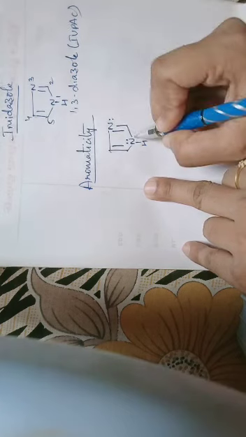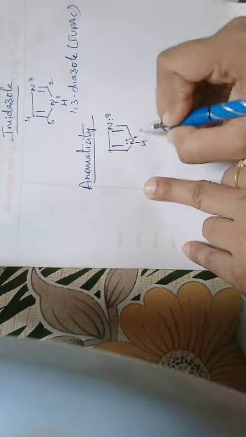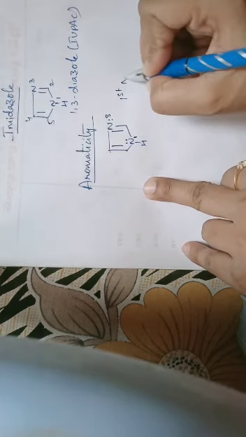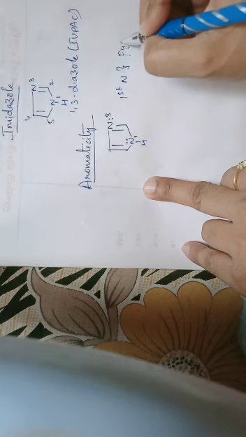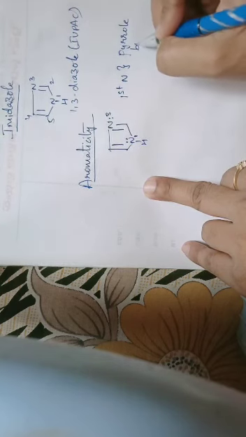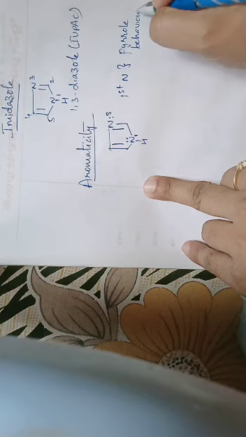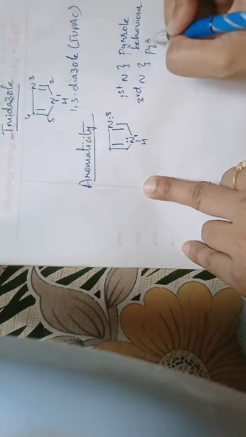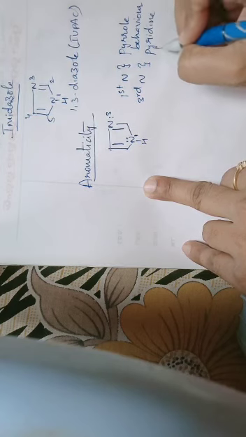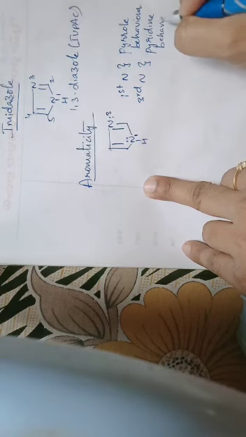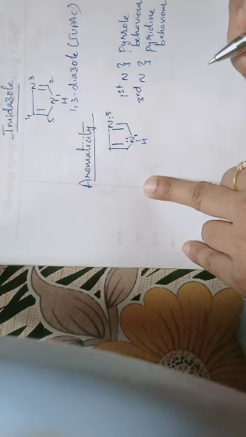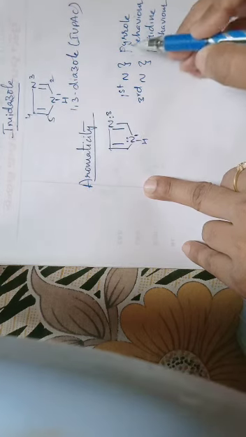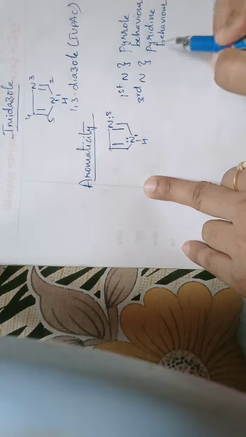This first nitrogen and third nitrogen, right? The first nitrogen has pyrrole behavior, and the third nitrogen has pyridine behavior. Already I have told you. In the case of pyrazole, same, the first nitrogen has pyrrole behavior and the third nitrogen has pyridine behavior.